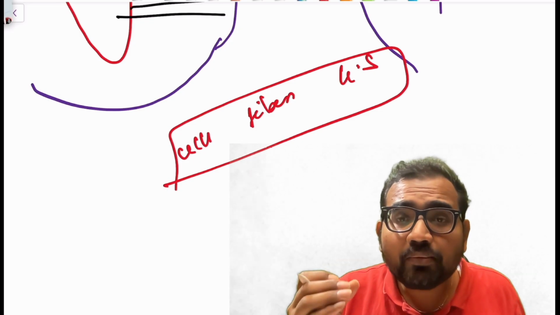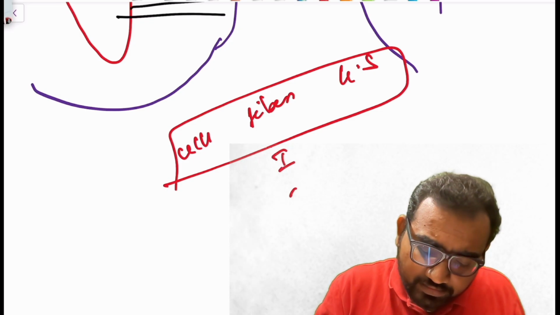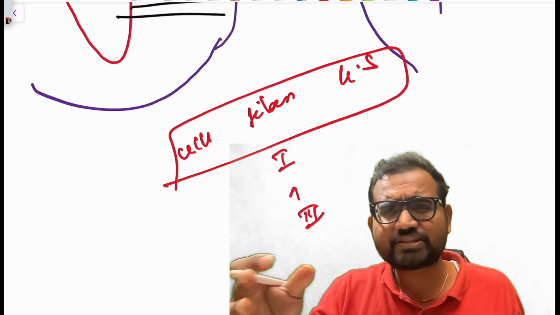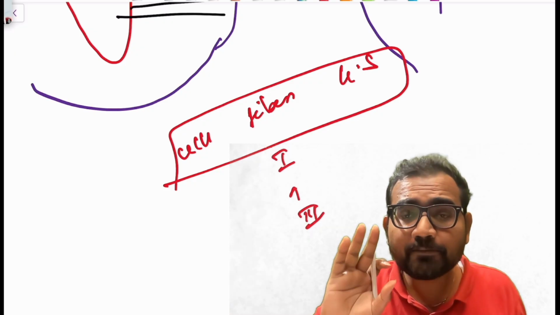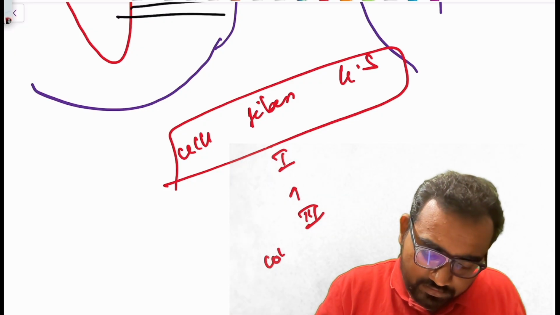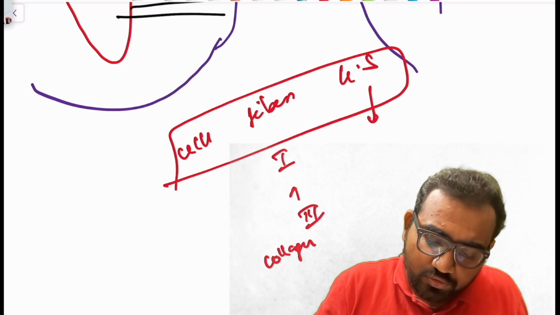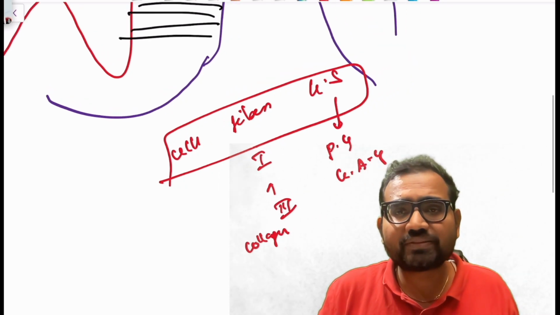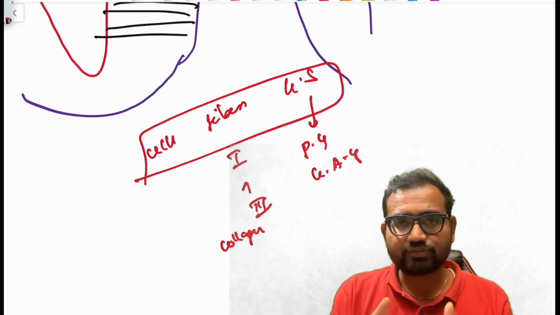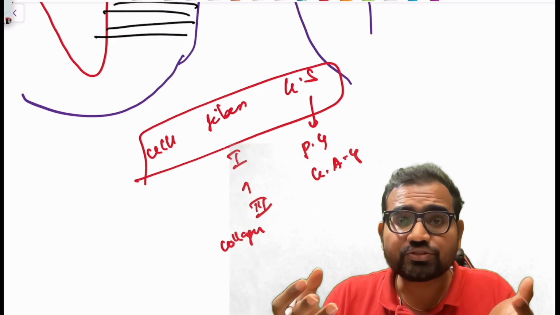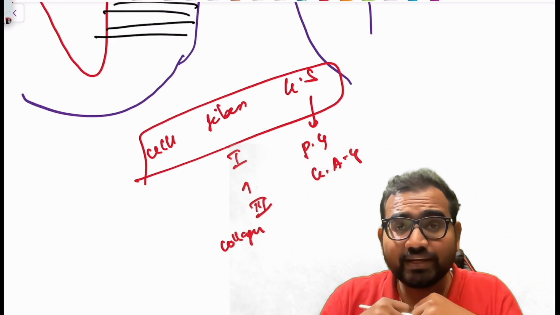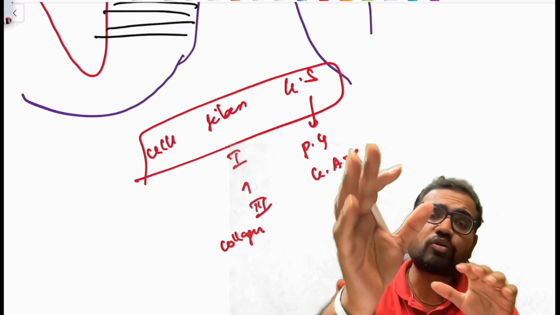Fibers can be predominantly type 1 and type 3 collagen fibers. We also have elastic fibers, all those things, but predominantly type 1, type 3 collagen fibers. And ground substances: proteoglycans and glycosaminoglycans. So this is the basic structure of a connective tissue. So when I tell you gingival connective tissue, it will have these three. When I tell you periodontal connective tissue, it will have all these three.